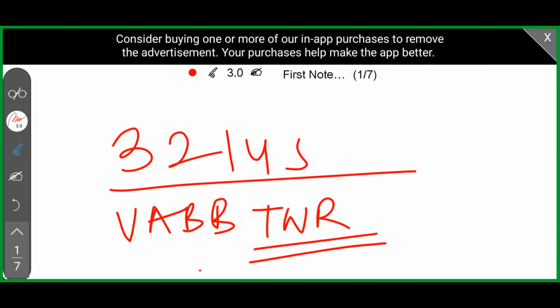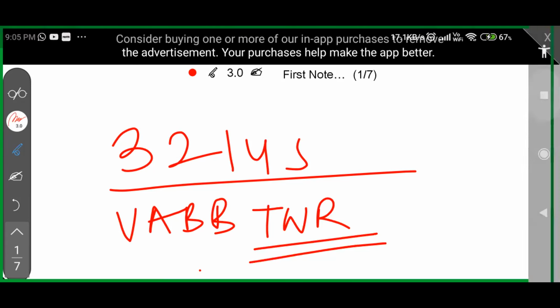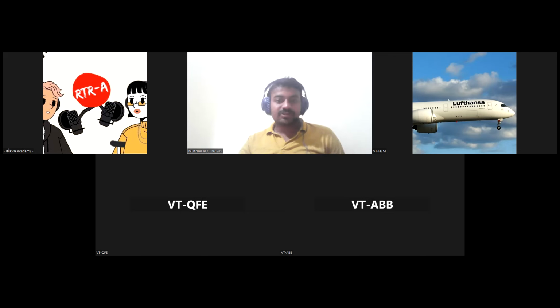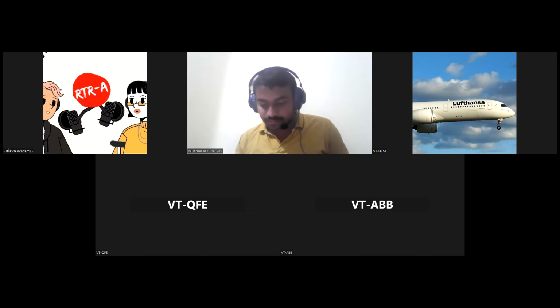Got it? So this is the benefit of writing before speaking. आपको ऐसी प्रैक्टिस करनी चाहिए कि आप पहले उस चीज को लिख लो, then only speak that thing to you.